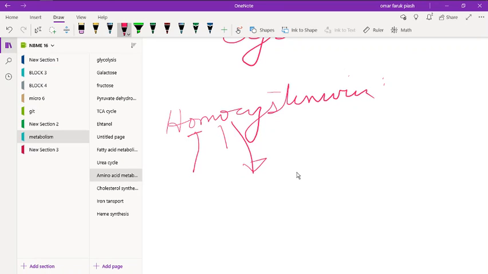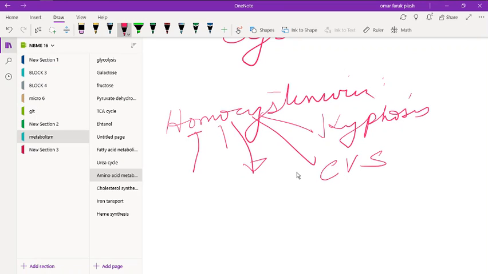There is cardiovascular effect, kyphosis, intellectual disability, and fair complexion. These are the features of homocystinuria.